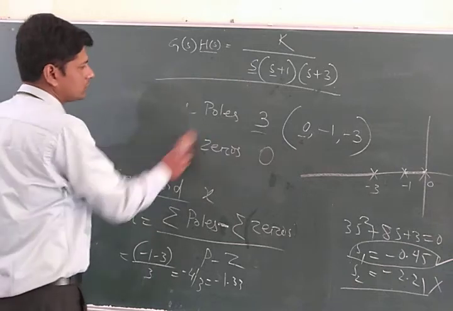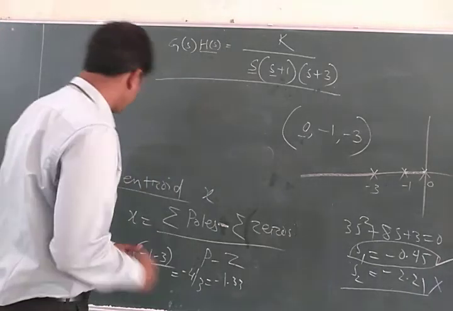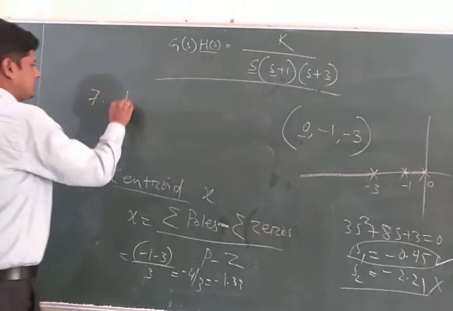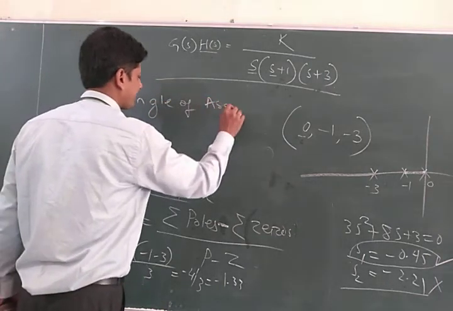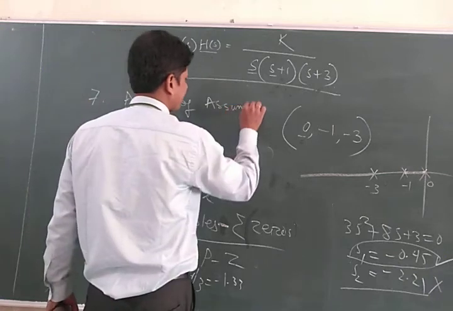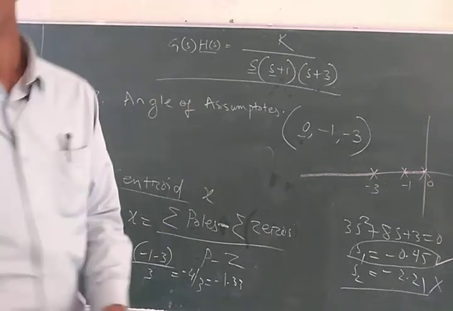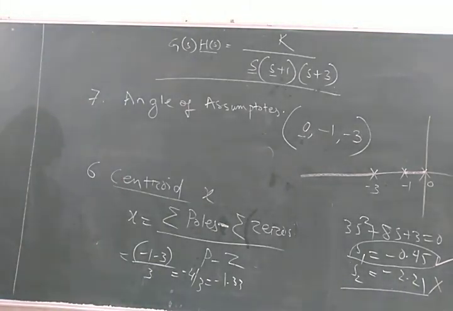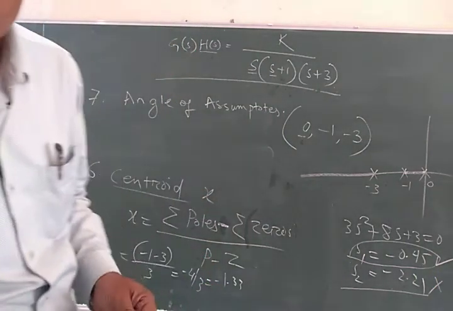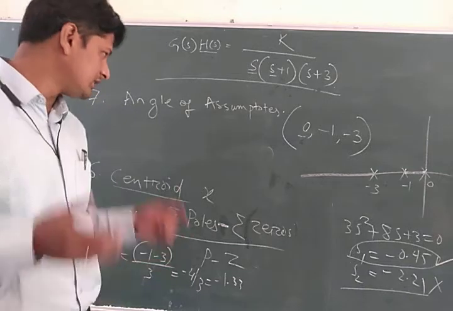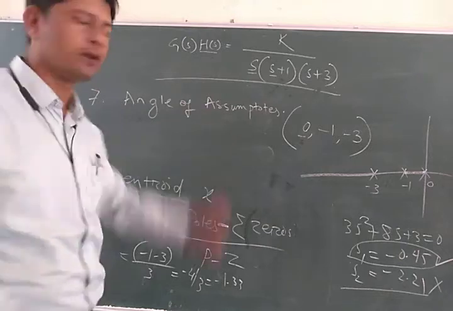Now we have to go to the next part, point number 7: angle of asymptotes. What is the angle of asymptotes? The imaginary lines which I mentioned for the centroid are drawn from the centroid, and the angle at which we draw them is provided by the angle of asymptotes.